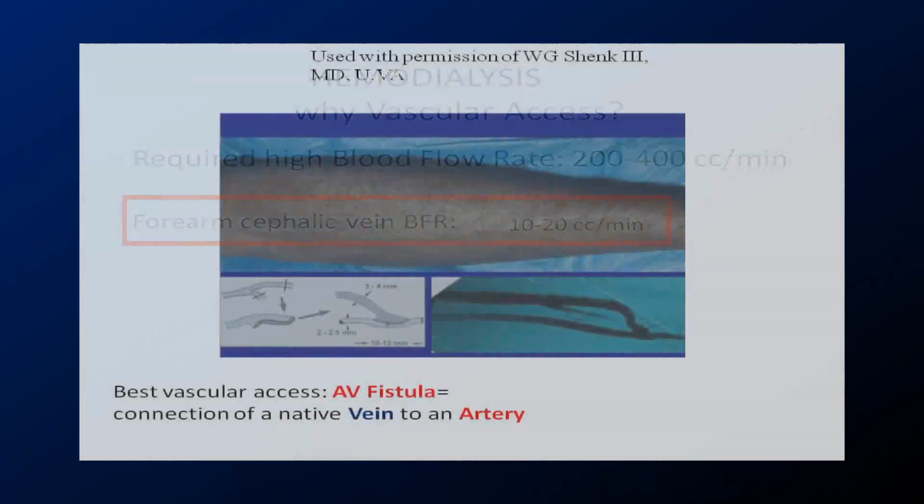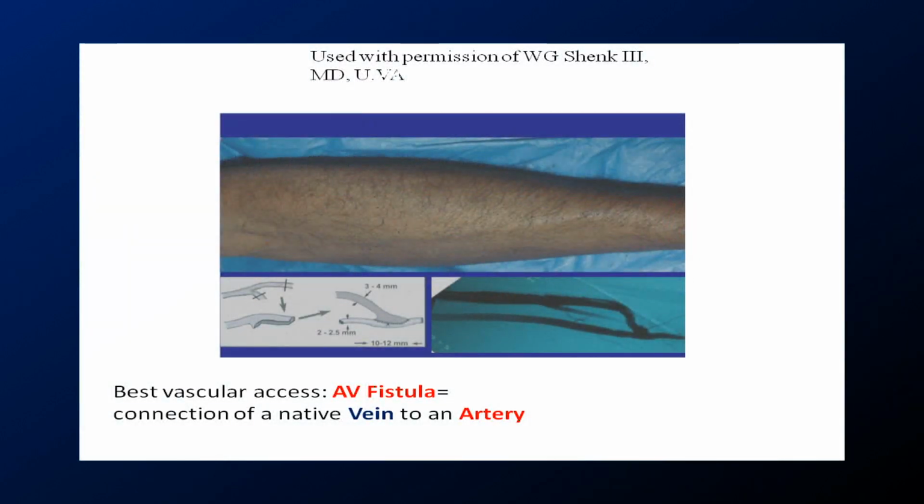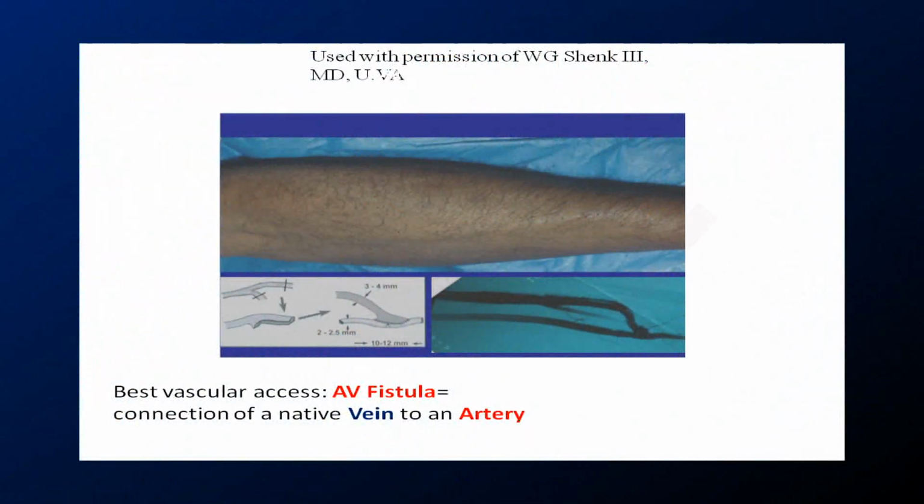Hence, we need to create what we call a fistula, which is a vein that is connected to the artery, so that over time, blood flow from the artery pumps into the vein and causes the vein to be enlarged. I hope you can see how big that vein has become. And this is a fistula, using a native vein.